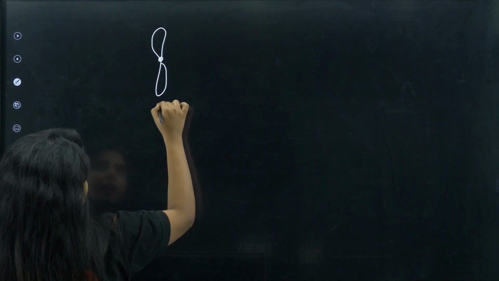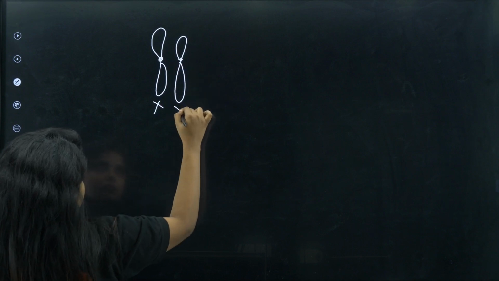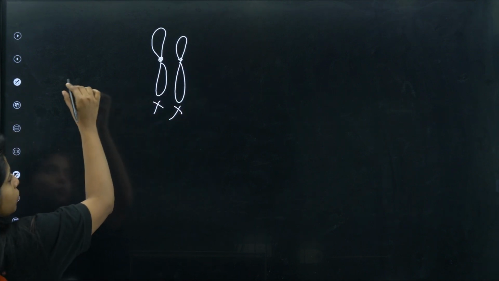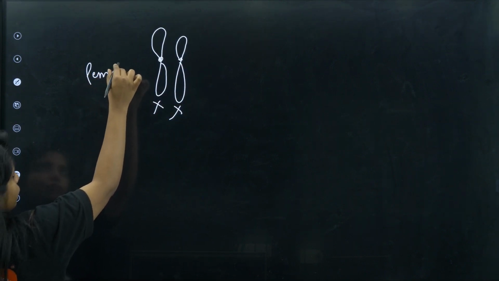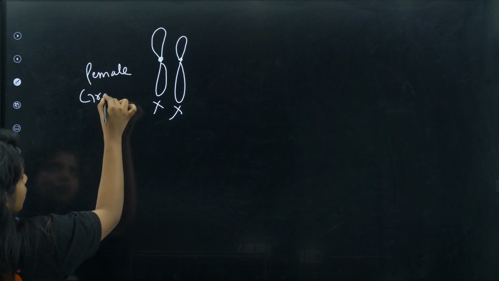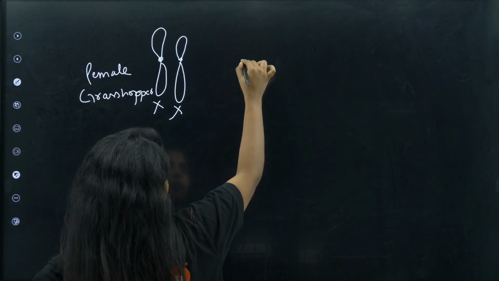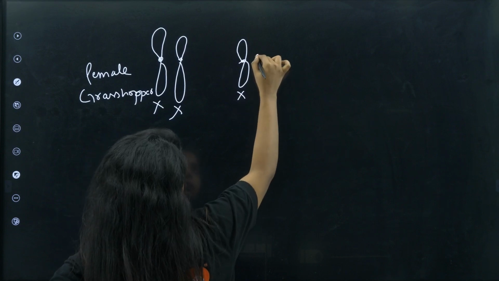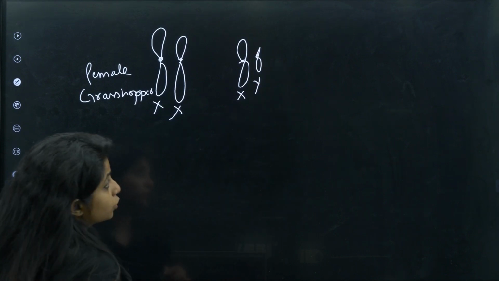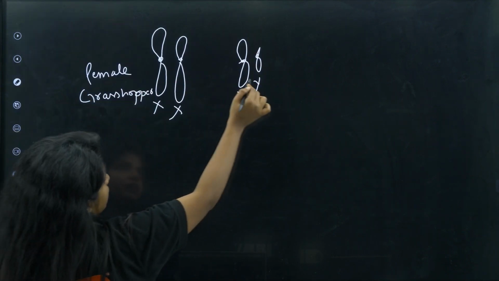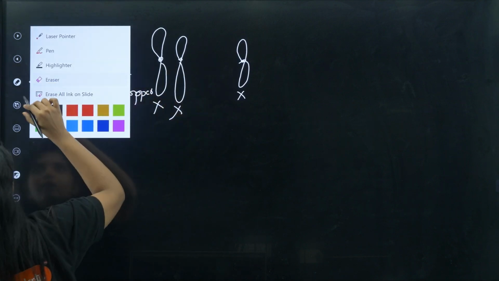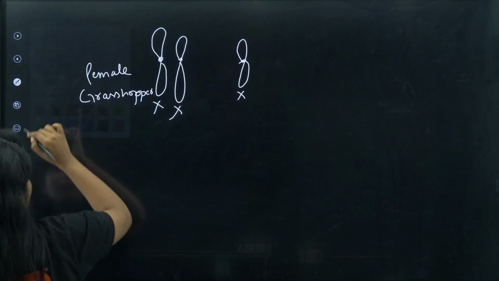So basically again, if you talk about the female, it will have XX. This is an insect, for example, a grasshopper. So this is the female grasshopper. And there will be a male also, where it is X, and the other one is what, children? Y. Sorry, it's not Y. There is no other chromosome.